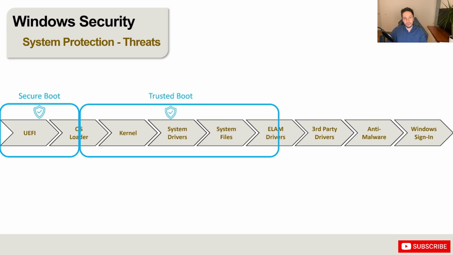Then we have the Trusted Boot feature, which secures the operating system loader, kernel, system drivers, system files, and early launch anti-malware by checking those signatures that they were not modified before.